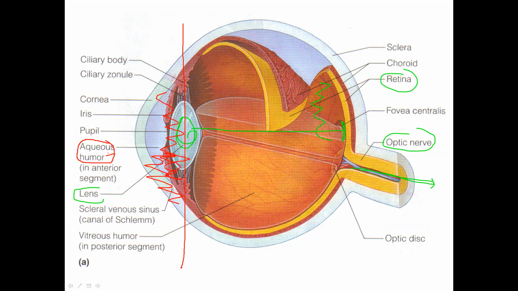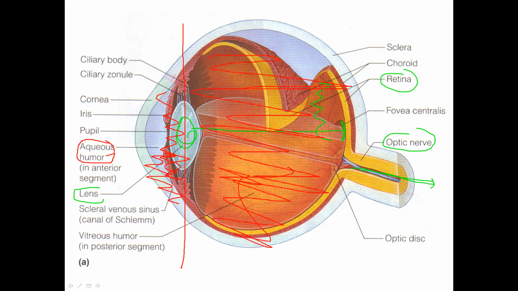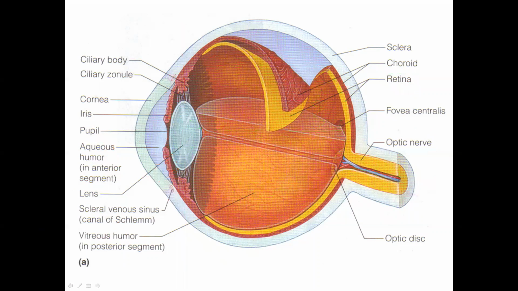So the aqueous humor is the fluid that is in front of the lens. All the fluid back here behind the lens is called the vitreous humor.